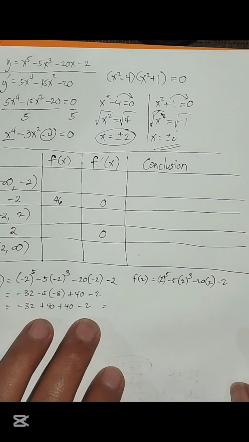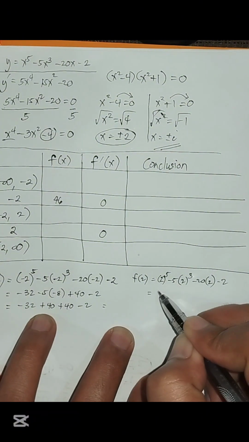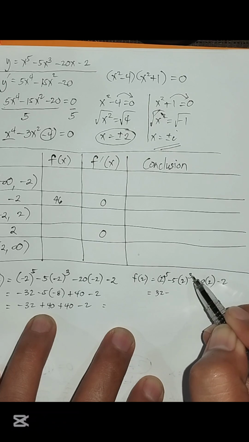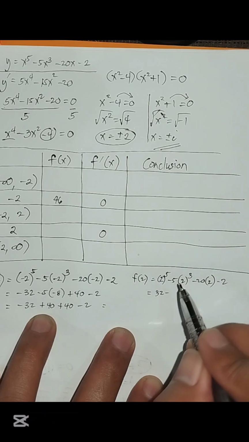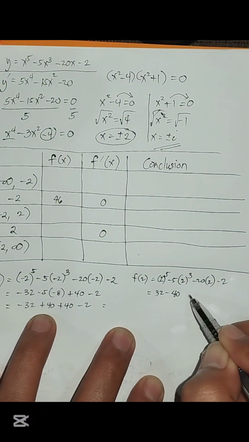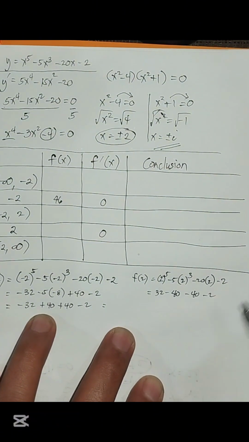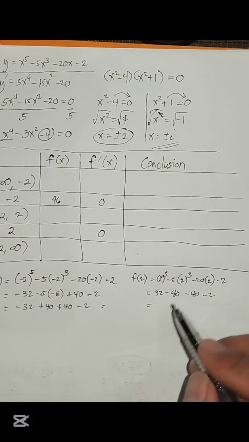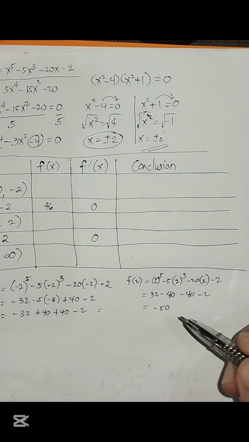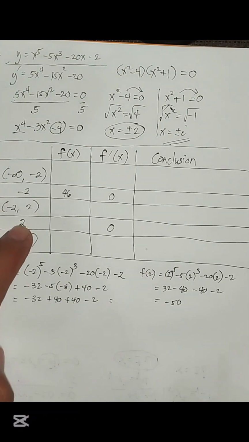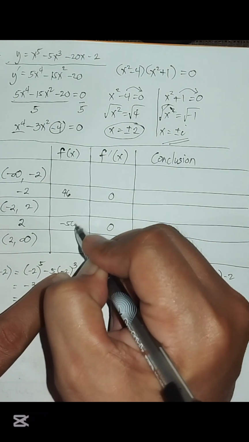So 2 to the fifth is 32, minus 5 times 8 is negative 40, minus 20 times 2 is negative 40, and then minus 2. So the answer is 32 minus 40 minus 40 minus 2, which is negative 50. So f of 2 is equal to negative 50.